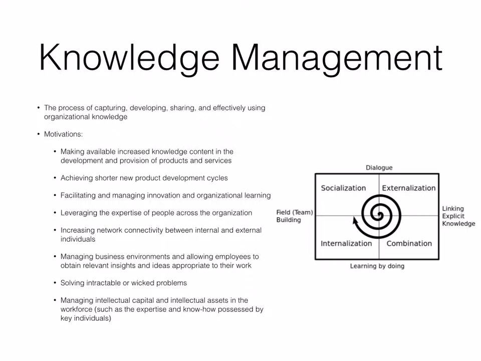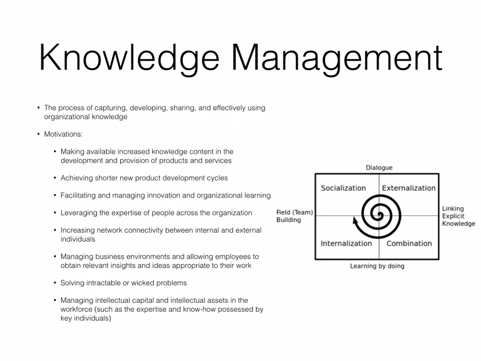So knowledge management is really comprised of a number of different things. And it's the spiral of socialization, or I guess it would begin at internalization, socialization, externalization, and combining that.